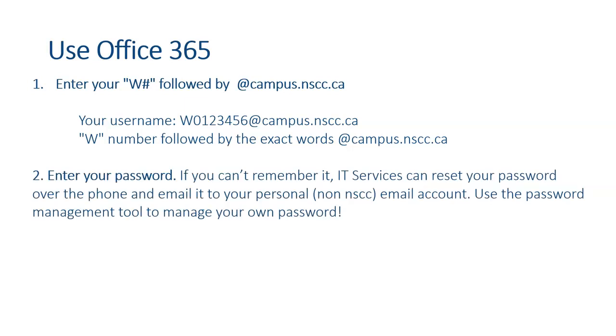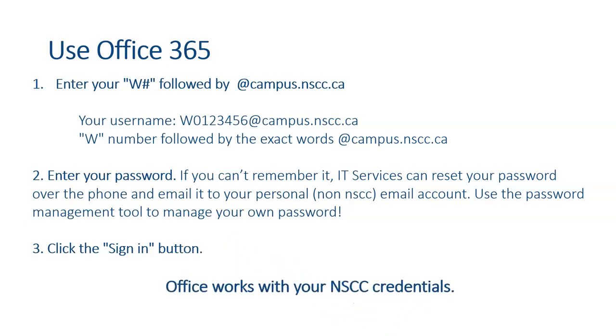If you can't remember it, IT services can reset your password over the phone and email it to your personal, not your NSCC email account. Better off using the password management tool to manage your own password. Then you click the sign in button and you're good to go. So remember, Office works with your NSCC credentials.